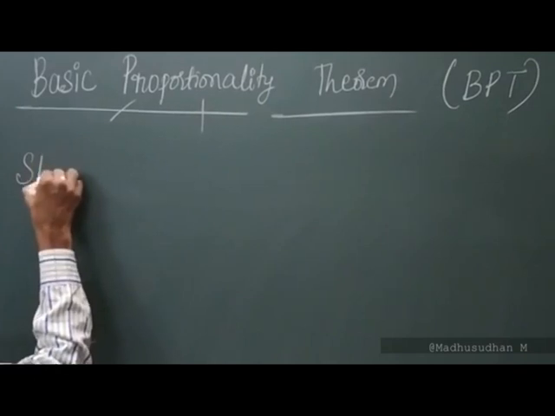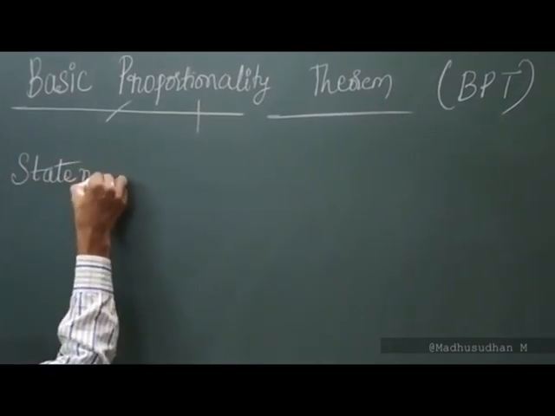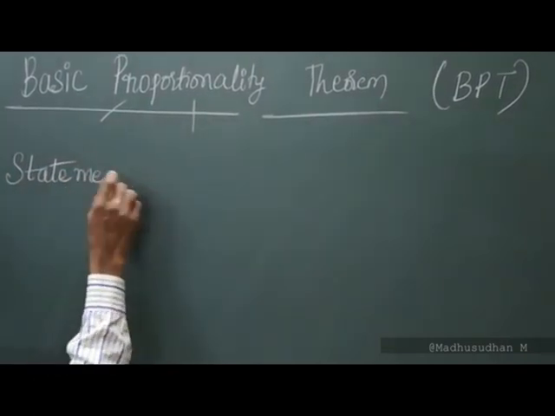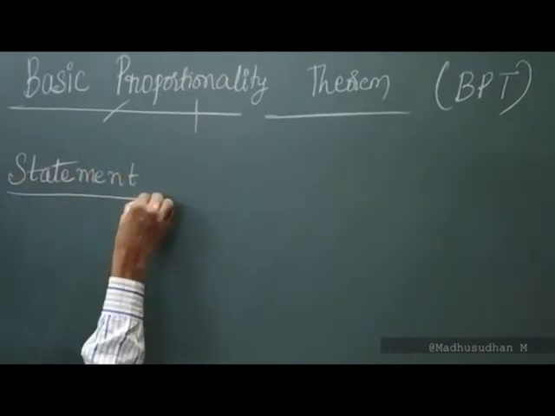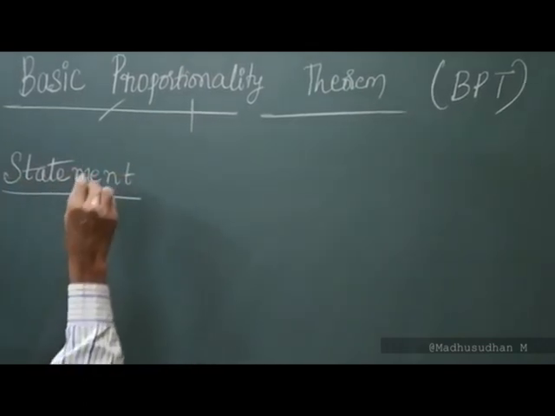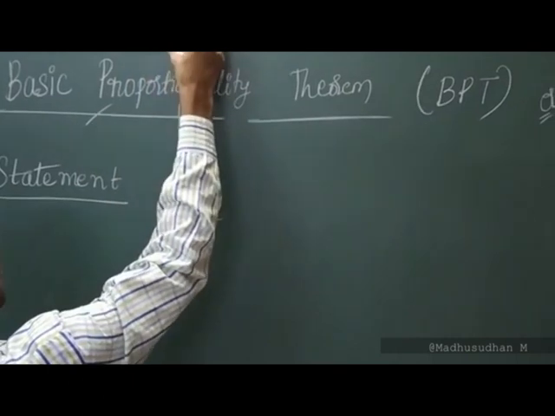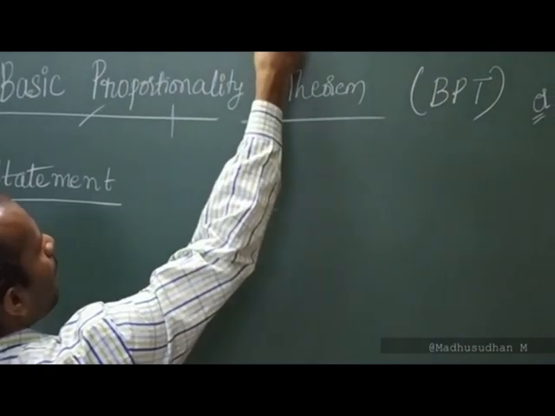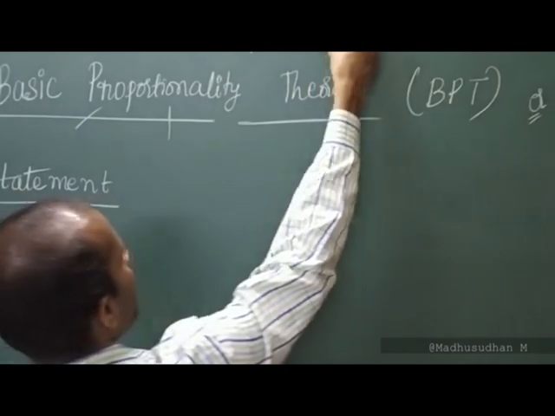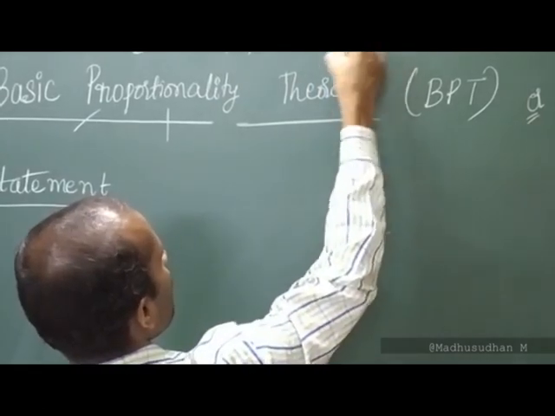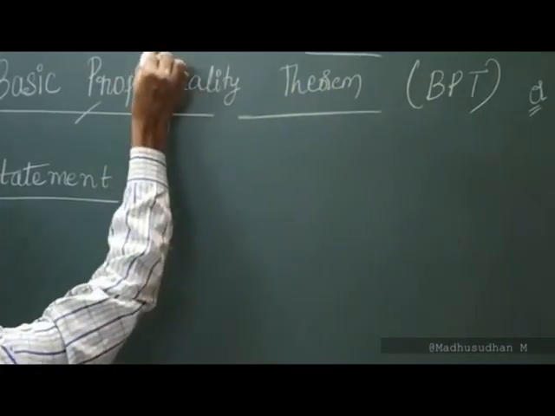So, the statement. In the exams, sometimes the statement would be given, or sometimes they may ask you to state and prove BPT. State and prove BPT. So we need to remember even this statement.